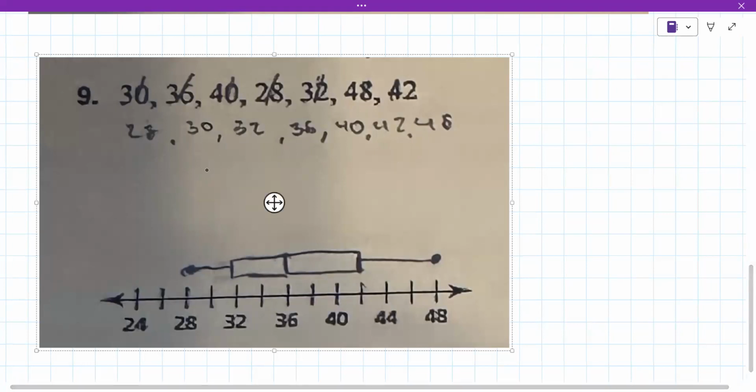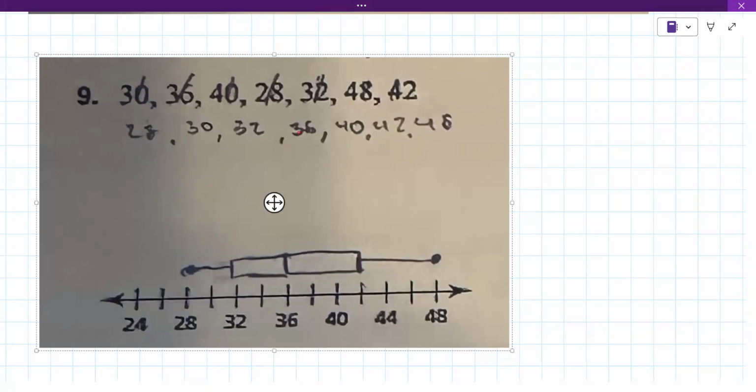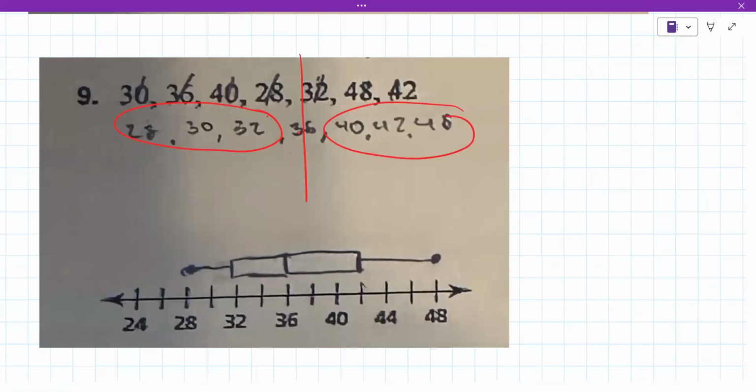Yeah, so when you cut the data set in half, you're trying to find your Q1 from that one. So your Q1 should be over at 30. That's kind of come over here. Okay, so that's where I had it originally.